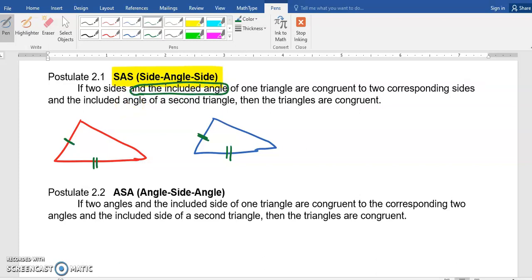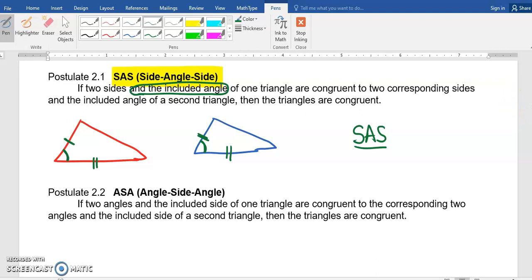Included means in between, so we'd have to be talking about this angle if we're talking about those two pairs of sides. That's enough information to know that the triangles are congruent. So we have side angle side for congruence. Everything else would fall into place if we have that proper information. But it's got to be two pairs of sides and the included angle.